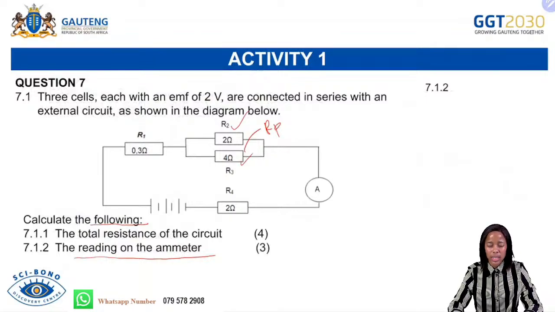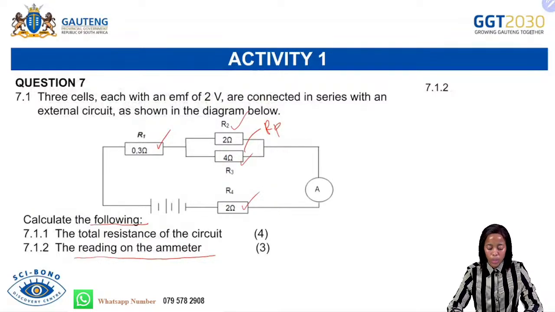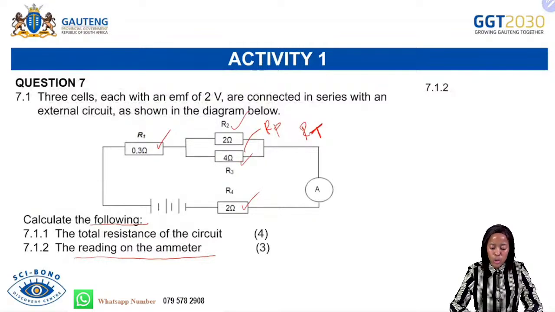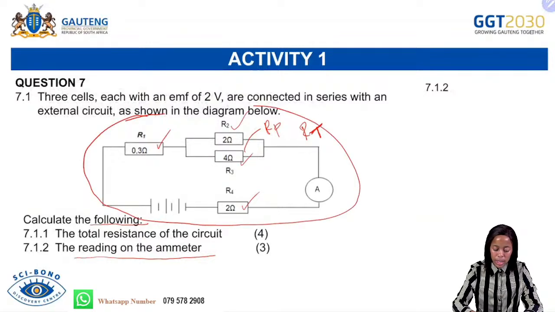After we calculated the total resistance in parallel, we added the resistance of R1 as well as the resistance of R4. With that, we then got the total resistance. This is the total resistance of the whole circuit.